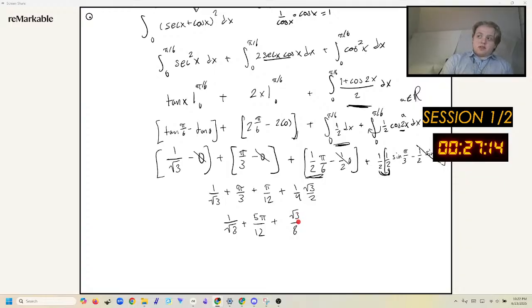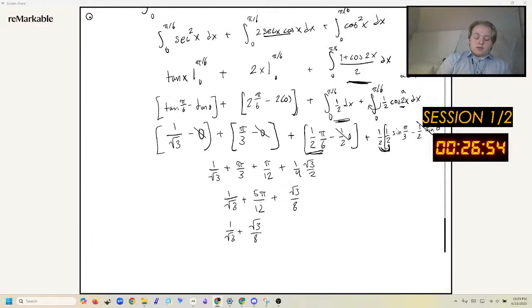And let's get all of this factored together. Now, 1 over square root 3 plus square root 3 over 8. What we're going to do is multiply the numerators and denominators together. So we'll have square root 3 times square root 3 and 8 times 1.